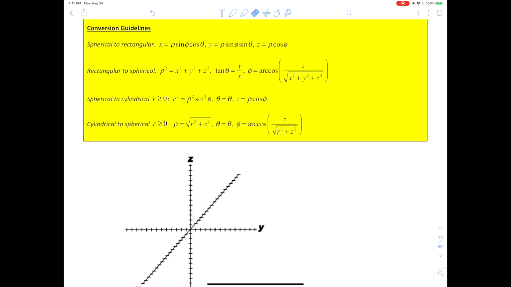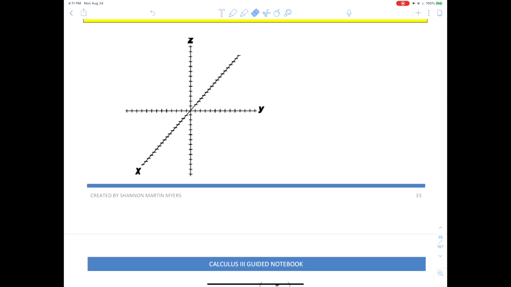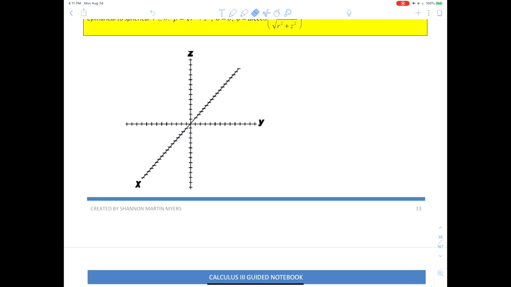Okay, whew. So here we go. What does this all mean? So let's see what we've got going on. So we basically have sine phi is equal to r over rho, and then remember r is equal to rho sine phi, but r is also equal to the square root of x squared plus y squared.